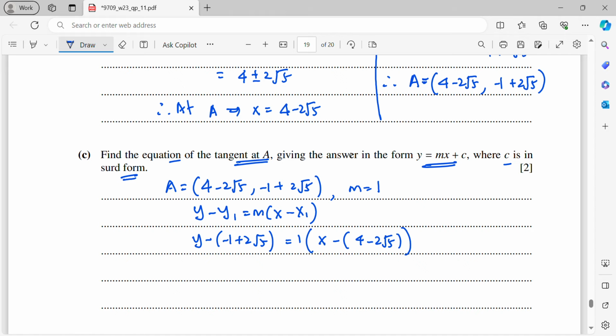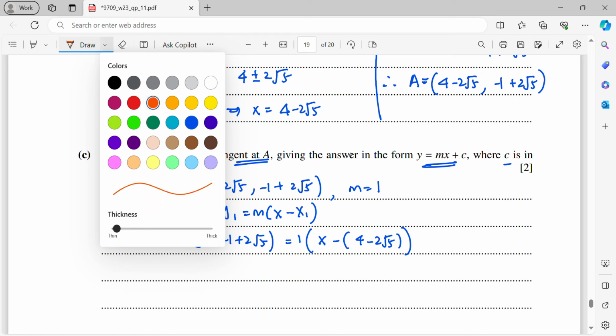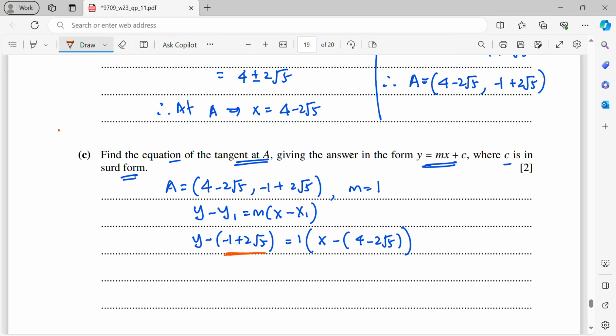Now I open the brackets. Or you do not need to open the brackets because I'm moving this to the right side. Since here is minus, when you move, you just copy the bracket. So I will get y equals to x minus, this one you times in, (minus 4 plus 2 root 5). Then simplify.